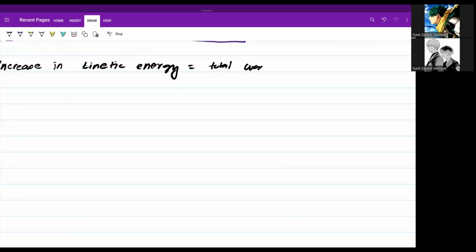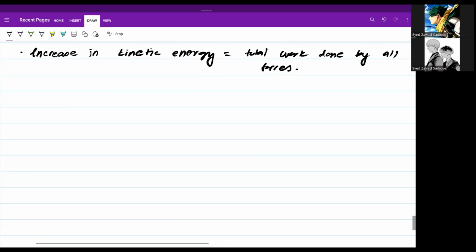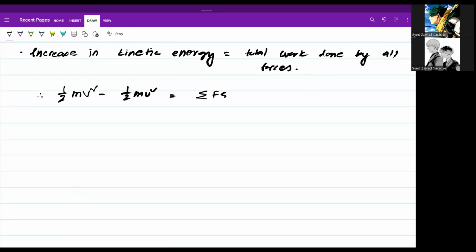We learned that it was half mv squared minus half mu squared, given that v is bigger and u smaller, equal to the summation of force into distances. Because work done by all forces, you can also write as summation of force into distance.